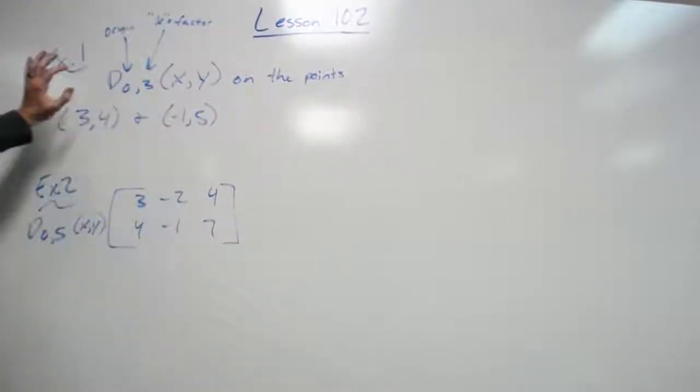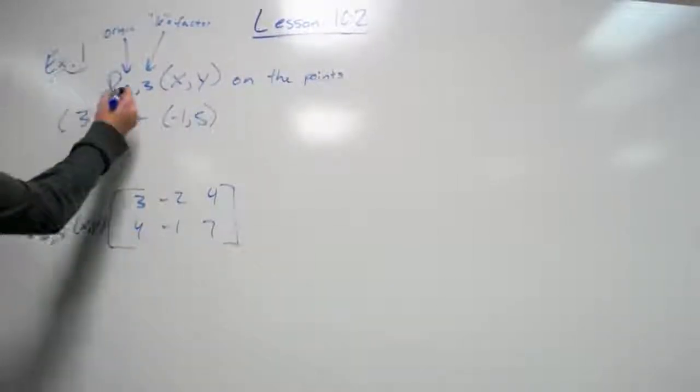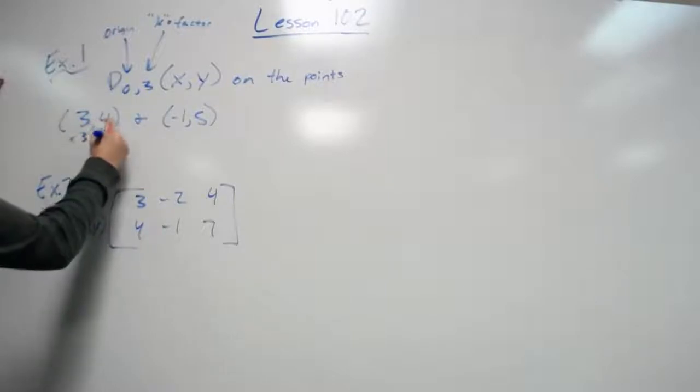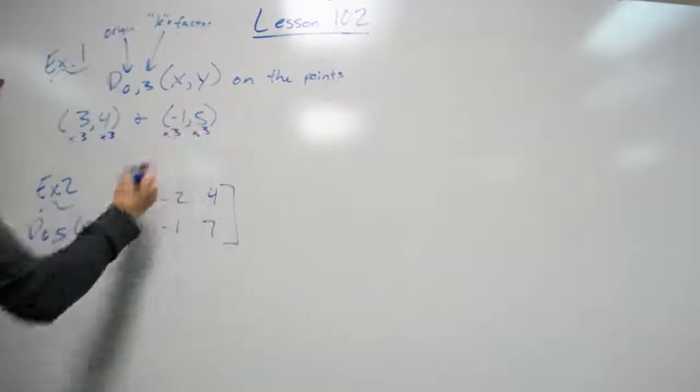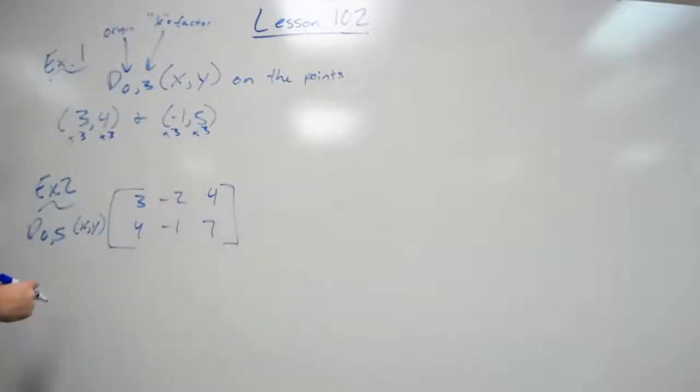It doesn't matter, but once you have the factor, whatever it tells you, all you're going to do is multiply each of these numbers by 3, because you're making it 3 times the size. You're making it 3 times bigger.